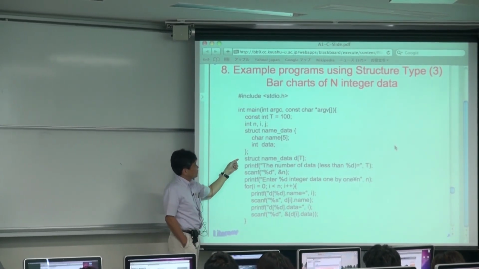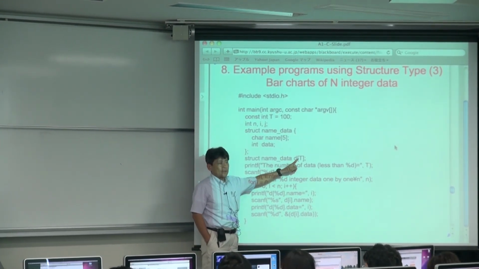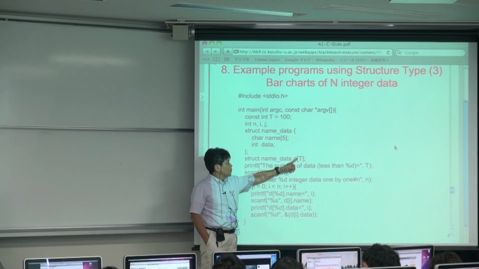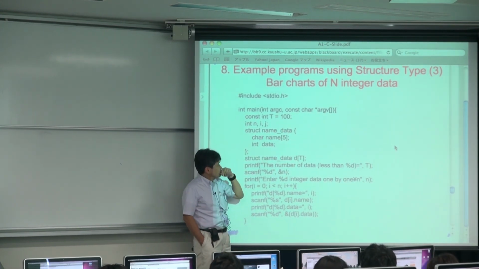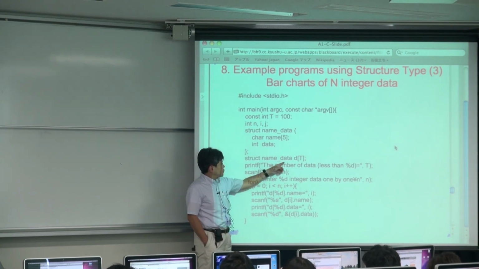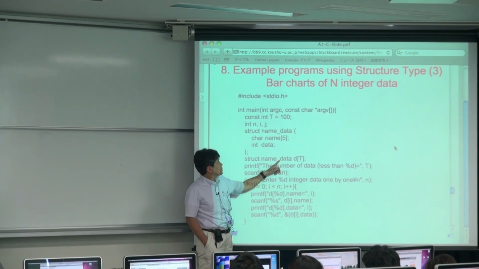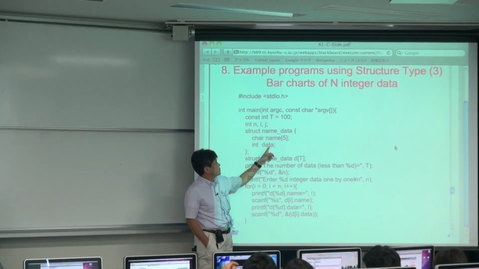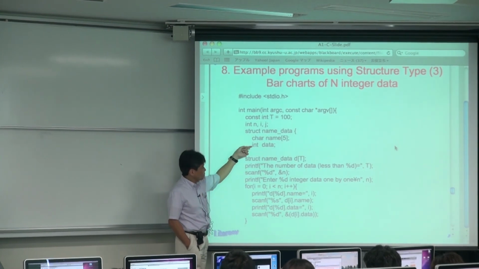Using this sentence, you can declare the array variable D for at most 100 data, especially for name_underscore_data. As I explained, this has a structure like this, with name and data as its member variables.